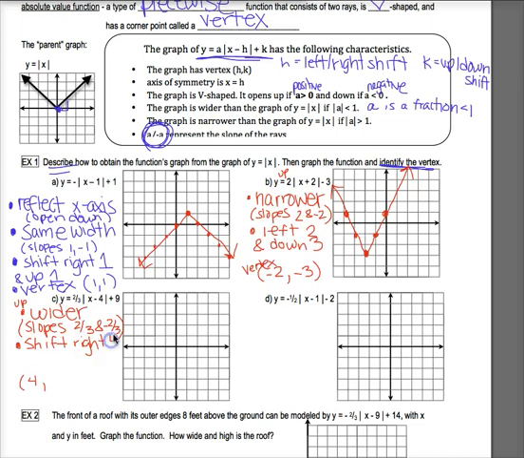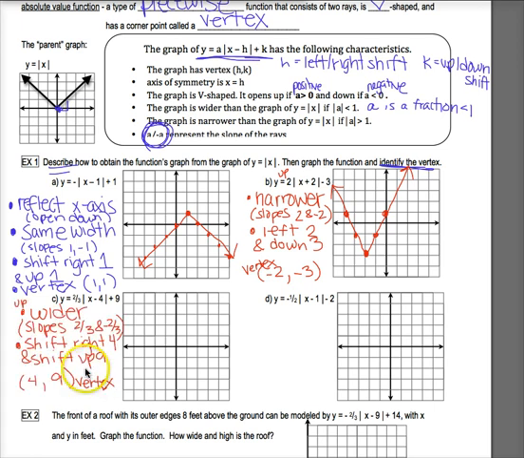So shift right 4, which means your X coordinate of the vertex is at +4. And this means we're going to shift up 9. So 9 is the Y coordinate of my vertex.